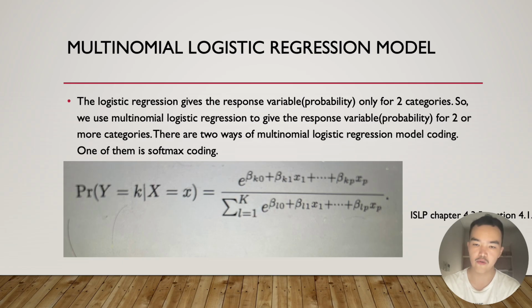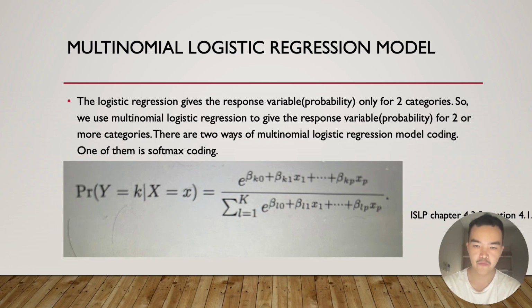But what if we have 3 or 4 categories? Like what if we have orange, apple, and also pineapple and banana. In this case we need to use the multinomial logistic regression model.